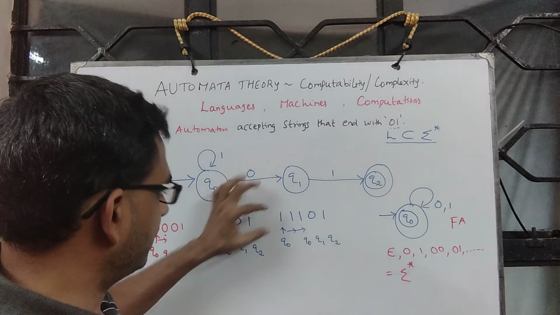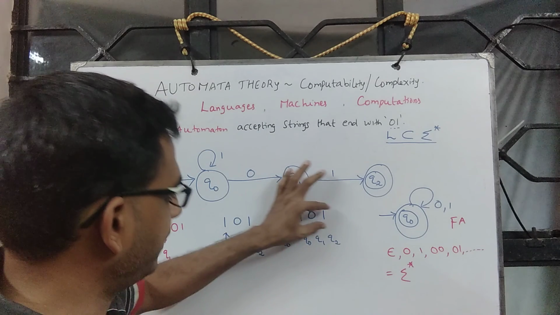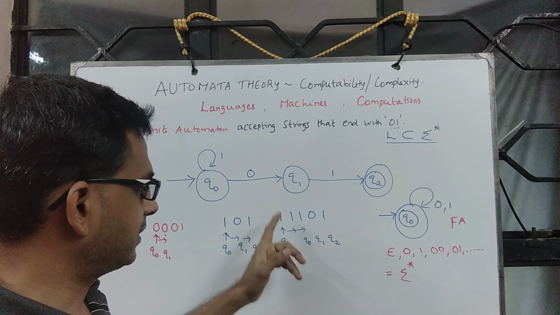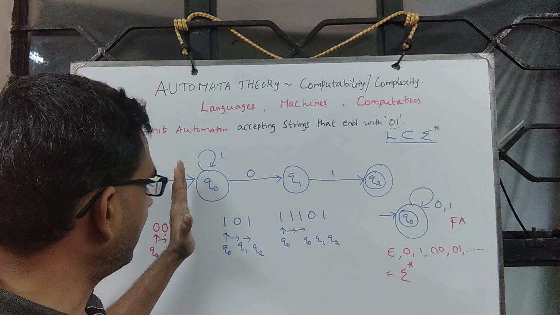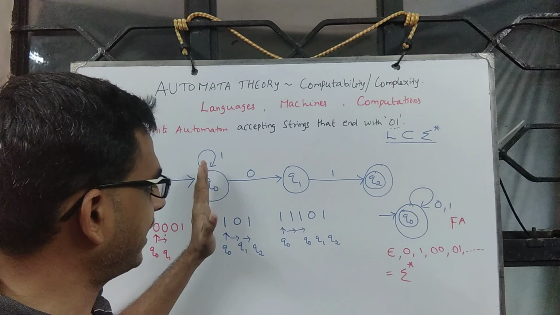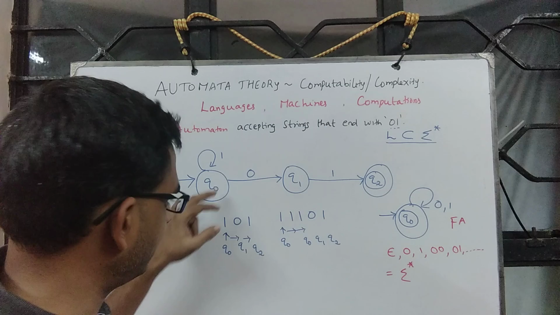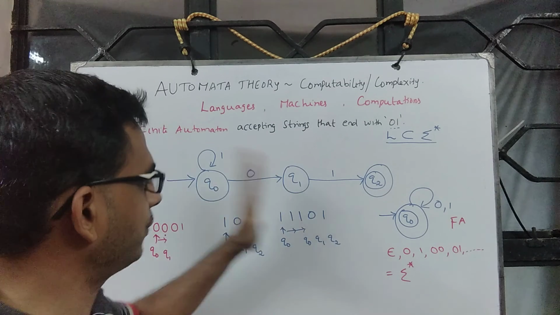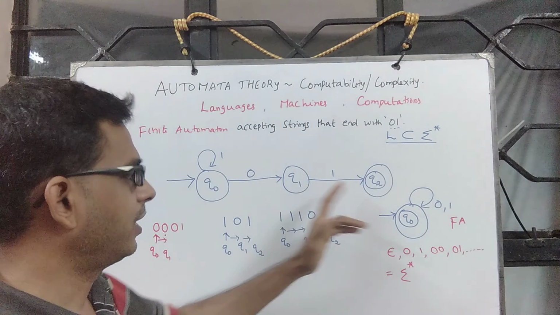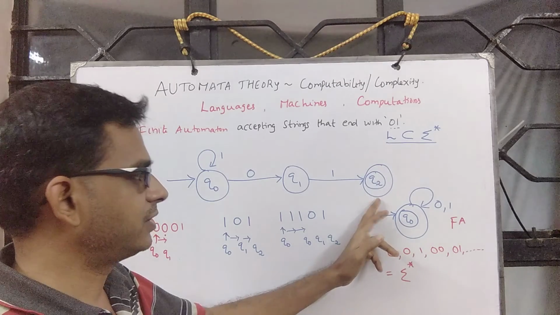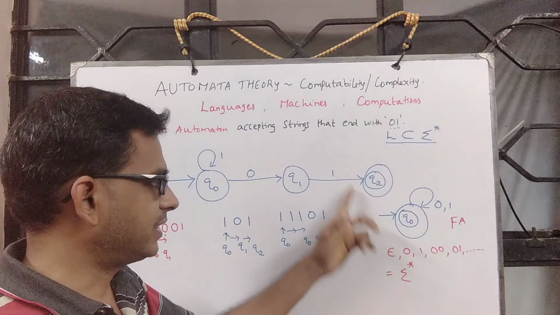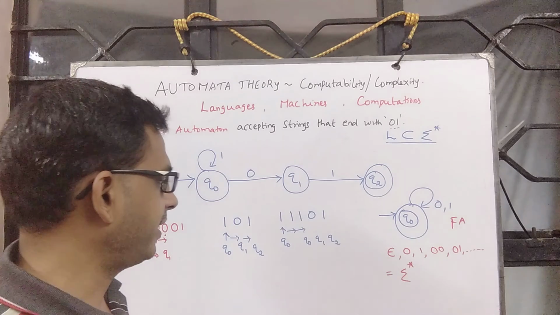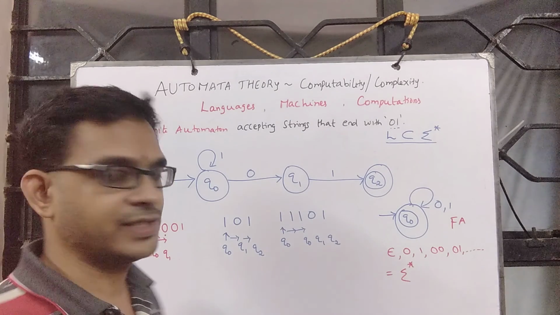So when you scan this input cell by cell, meaning letter by letter, we move from one state to another. We may stay in the same state or move to a different state, and finally we reach Q2. When you reach Q2, because it is the accept state, we say it is a valid string.